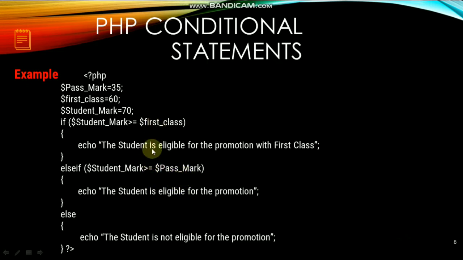So if both the conditions are false, it will directly come to the last else part, and the output will be the student is not eligible for the promotion. Clear? So like this you can have multiple if statements, you can check multiple conditions, and based on the condition you can print the statement. According to this example, in the first attempt itself the condition is true, so your output will be the student is eligible for promotion with the first class.